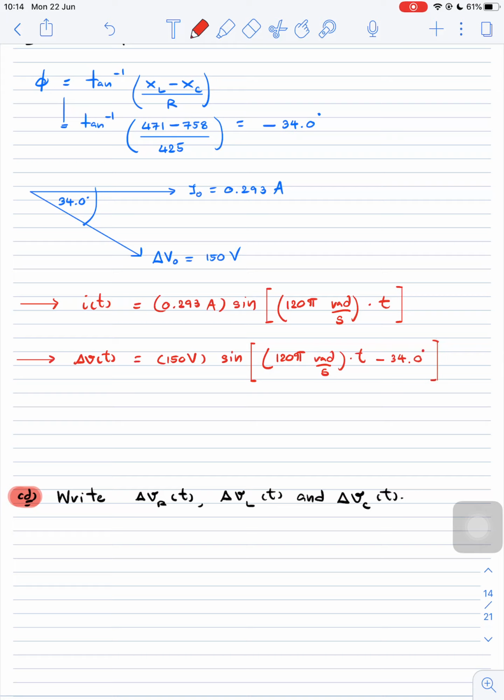That's going to be the function of the potential difference across the source, or across the R, L, and C in series combination.